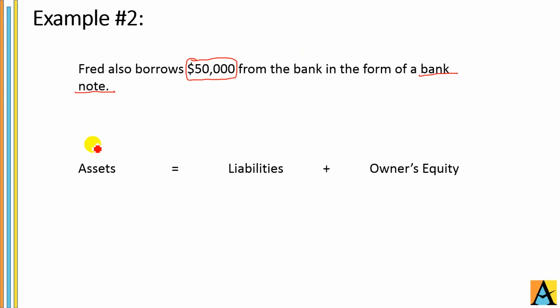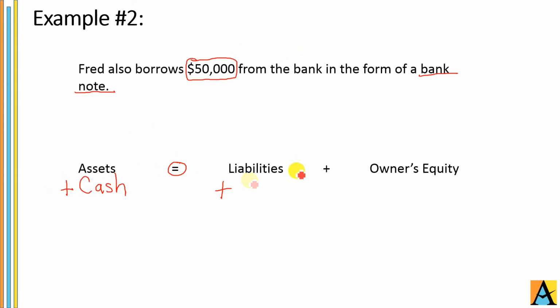That's what happened. So we had an asset increase, because we got cash of $50,000, and we know what happens to one side has to happen to the other side.